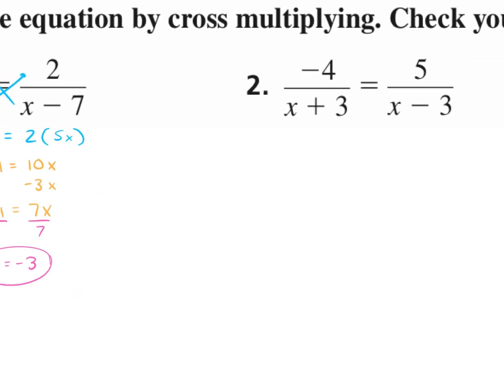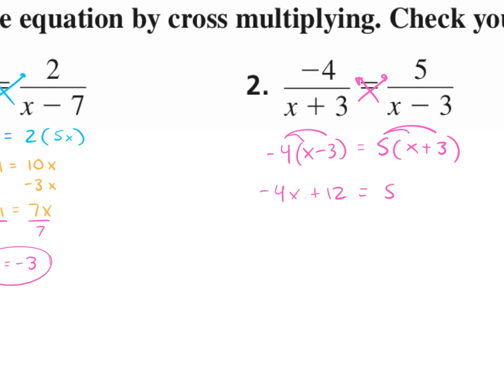Let's look at 2. What's the first thing I should do for number 2? Cross multiply. So we have negative 4 times x minus 3 is equal to 5 times x plus 3. So next we distribute. Negative 4x plus 12 is equal to 5x plus 15.